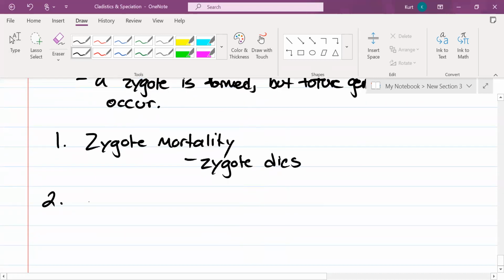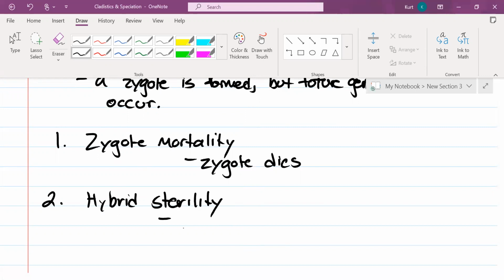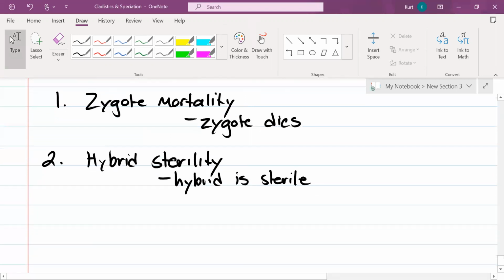Number 2 is hybrid sterility. Hybrid sterility means that you actually give birth to the hybrid. When a horse and a donkey reproduce with each other, it's called hybridization. They produce a hybrid, but the hybrid is sterile, which means it cannot reproduce.